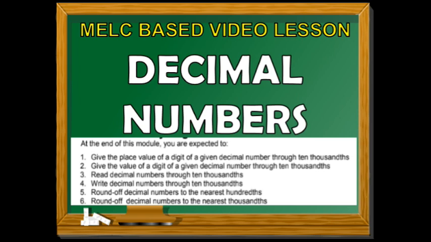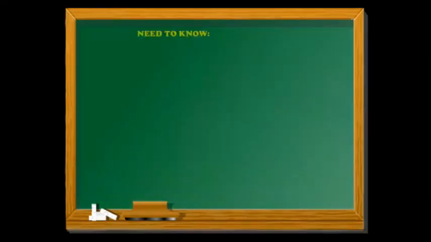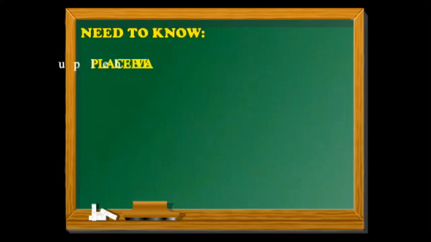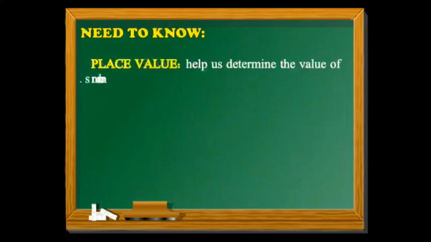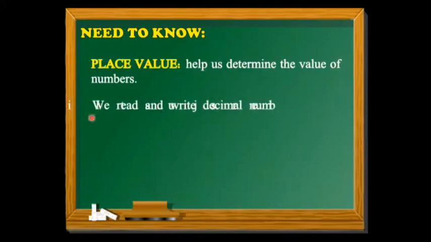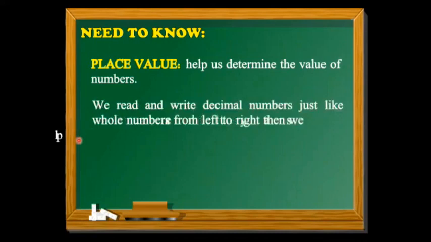So let's find out first what are the things that we need to know. So we have the place value. Place value helps us determine the value of the numbers. And then we read and write decimal numbers just like the whole numbers from left to right.